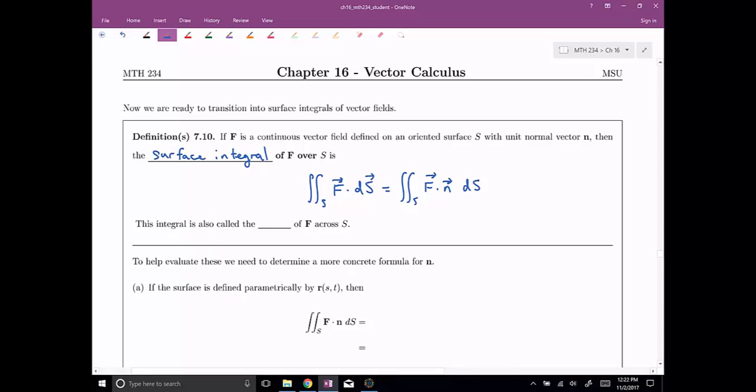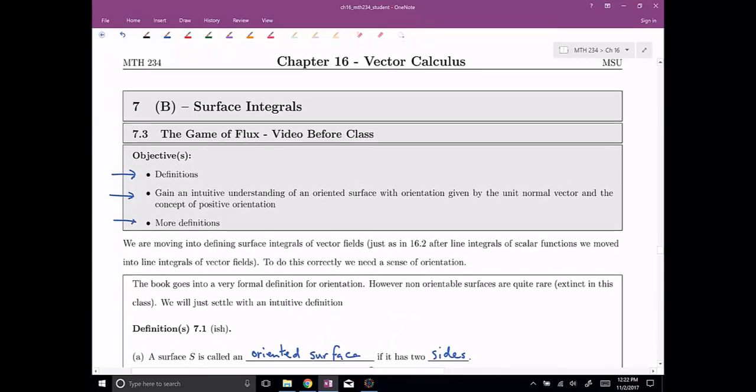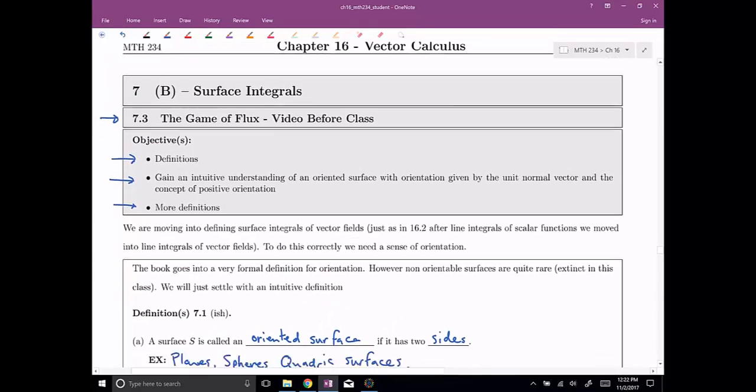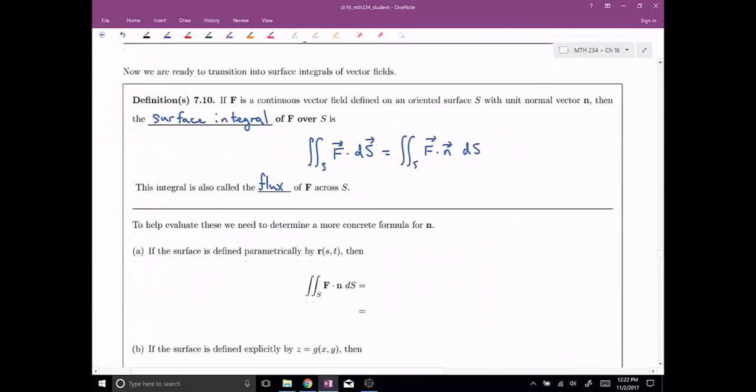So then it's just back to our regular old surface integrals from last time. This integral is also called the flux, hence the name, the flux of f across S. I told you at the beginning, this is called the game of flux. So we are calculating flux, which again is this notion of how much travels through a surface.